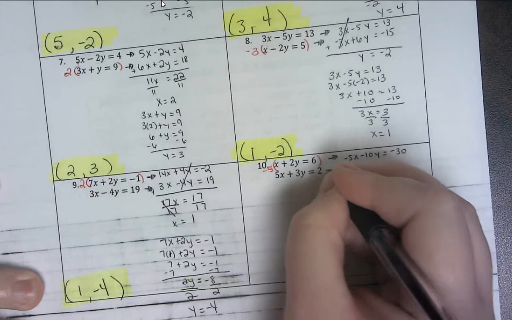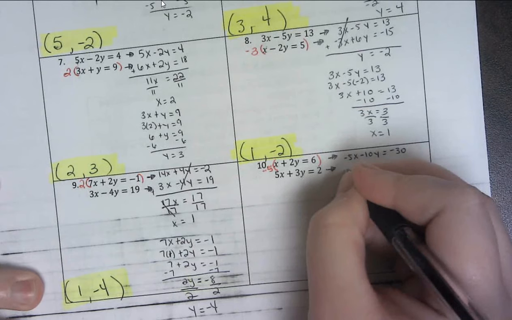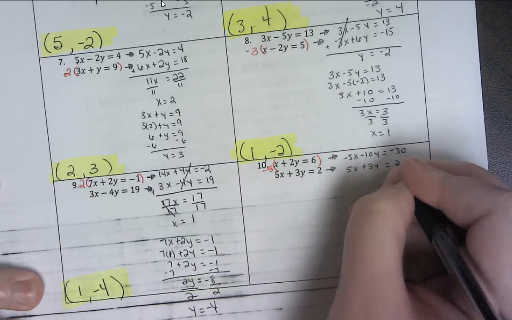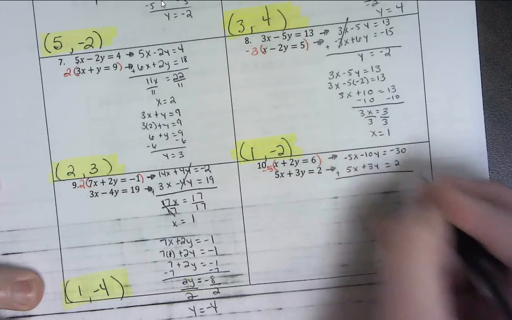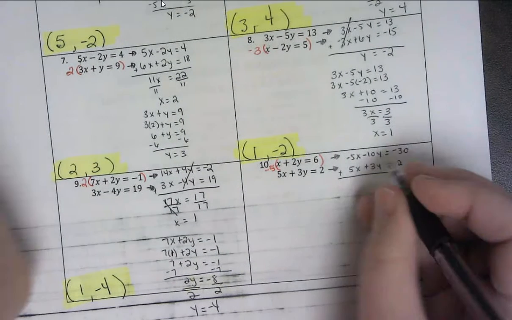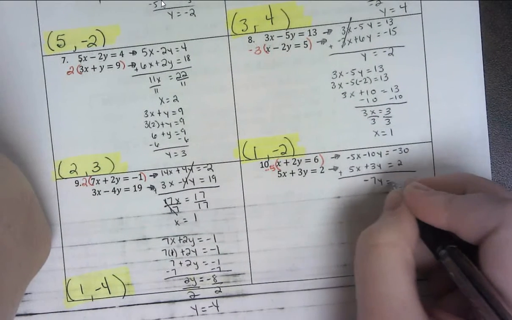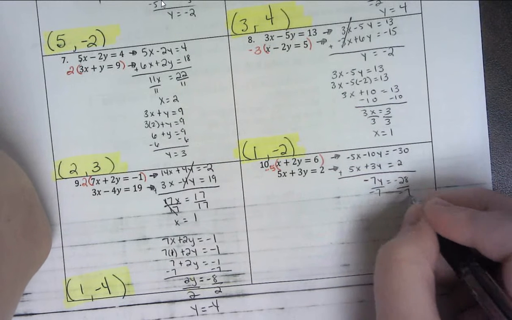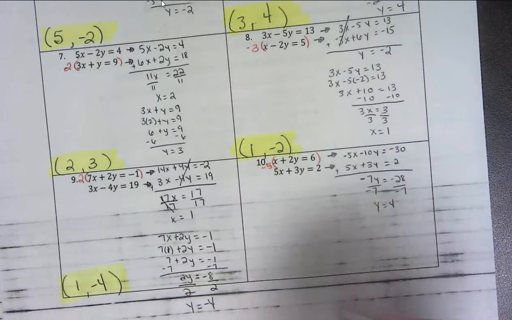And then my bottom equation becomes 5x plus 3y equals 2. Now we're going to add those together to get negative 7y equals negative 28. Divide by negative 7 to get y equals 4.